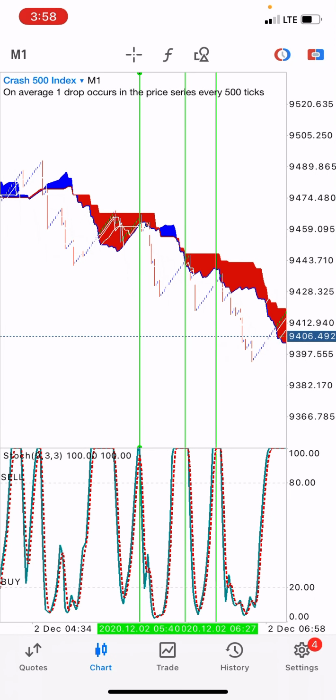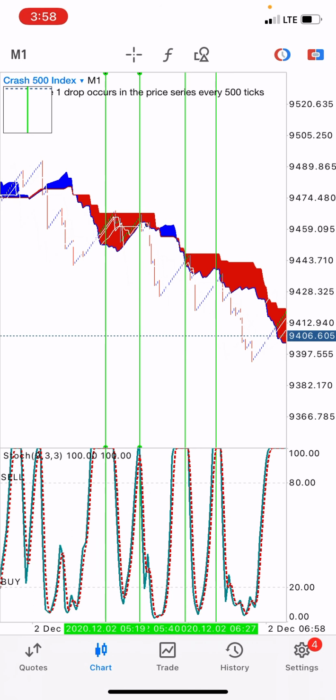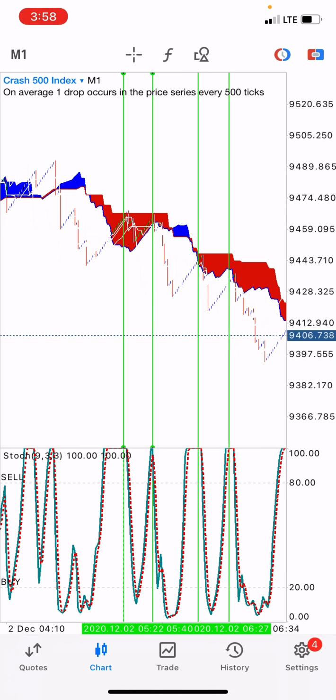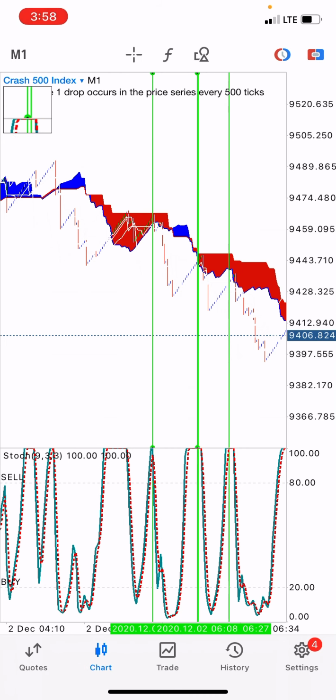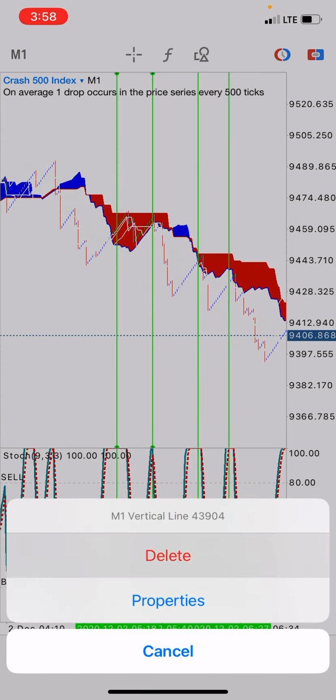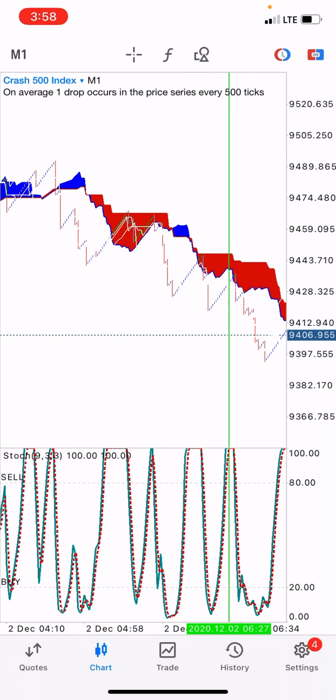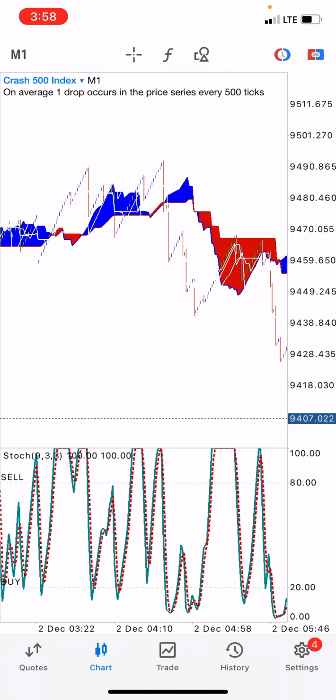You have caught all this spike. But if you are the type that likes to hold, you have taken your entry right here, and you would have held the market down to this place. Very simple. You also need patience.